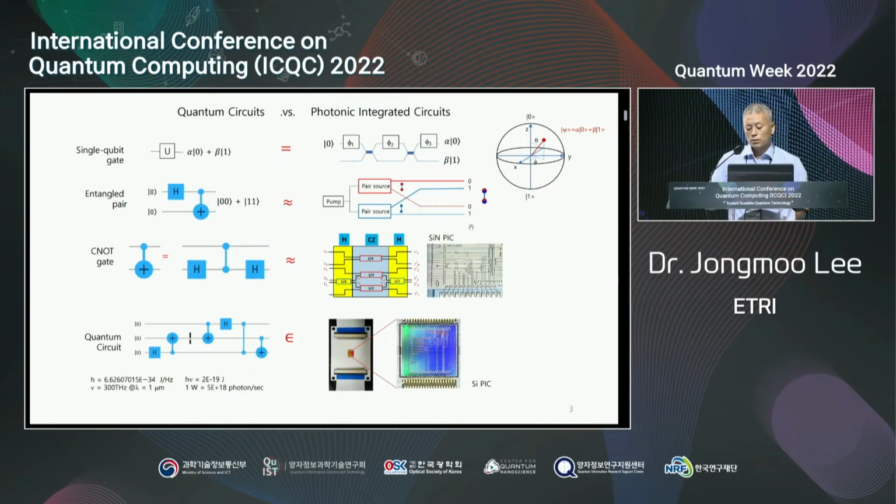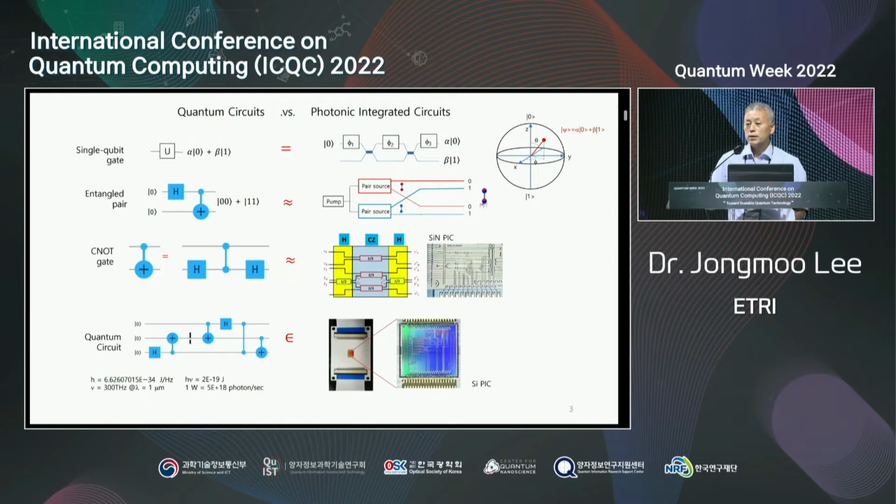And we can also make an entangled two-qubit state by forming two photon pair sources and then crossing their way like this. One photon pair is generated at the 0,0 position, and the other one at the 1,1 position. And we don't know from which pair source the photons come, but the resulting qubit is 0,0 or 1,1.